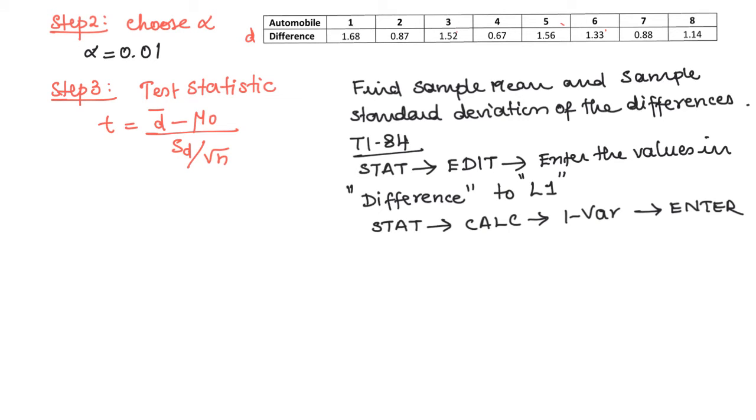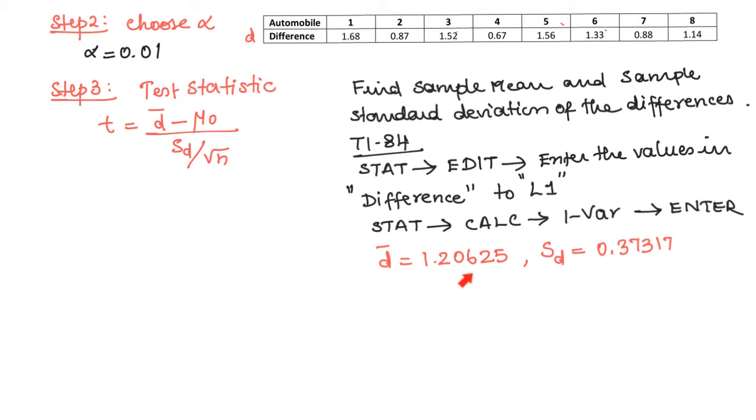In the TI-84 calculator, first press STAT, press Edit, then enter the values of the difference, that is D, in L1. Then again press STAT, then select CALC, then select option 1-Var Stats, then press enter.